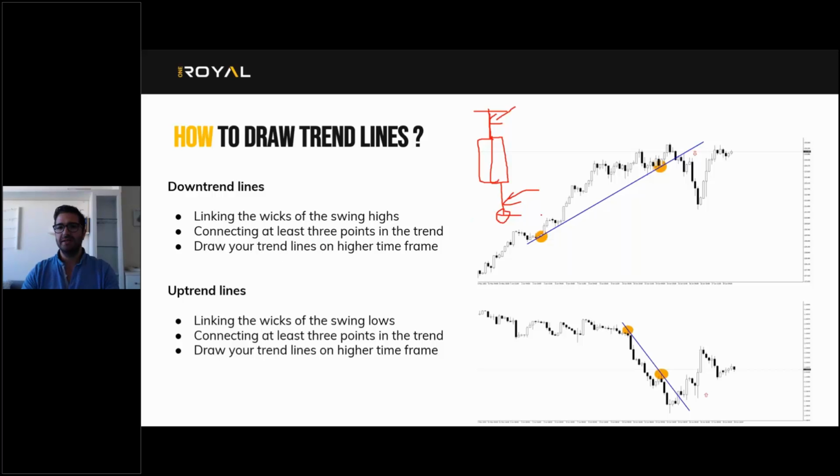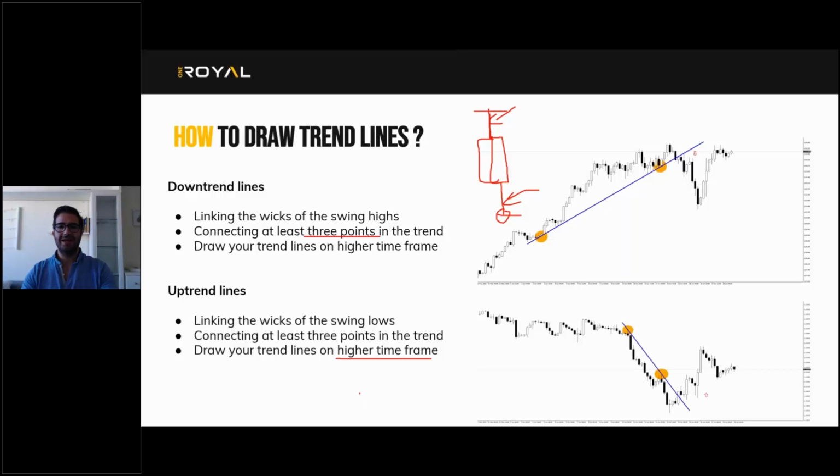What you need as well is at least 3 touches or 3 points to be able to come up with a trend line, either to the upside or to the downside, and it is better to use them on the higher time frame. What I mean by this: if you are a swing trader and you use the 4-hour time frame for executing your trades, you should plot your trend lines on the daily time frame.